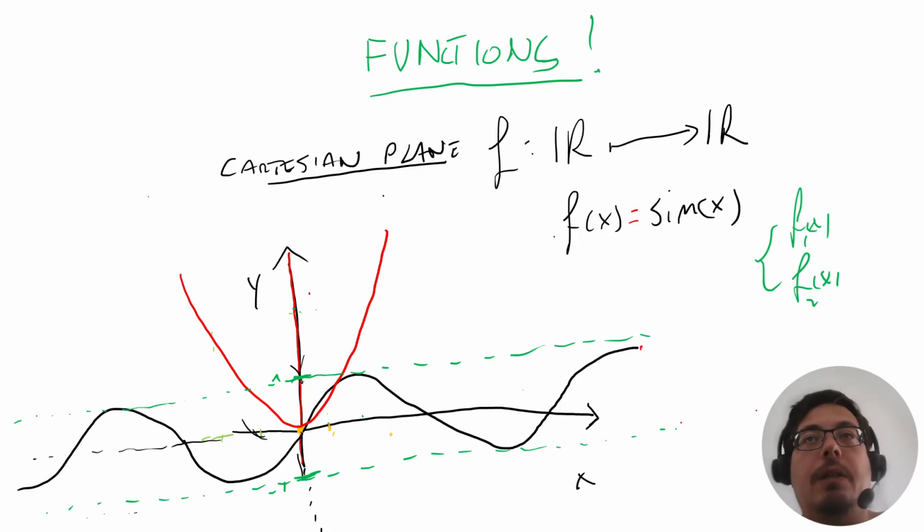So from here to here, and this is, by the way, 2 pi, the distance is 2 pi radians, basically. And this is pi. So it keeps repeating itself after 2 pi.